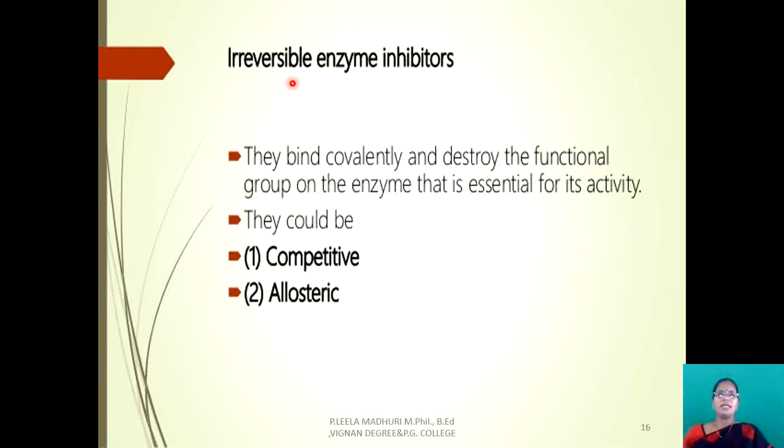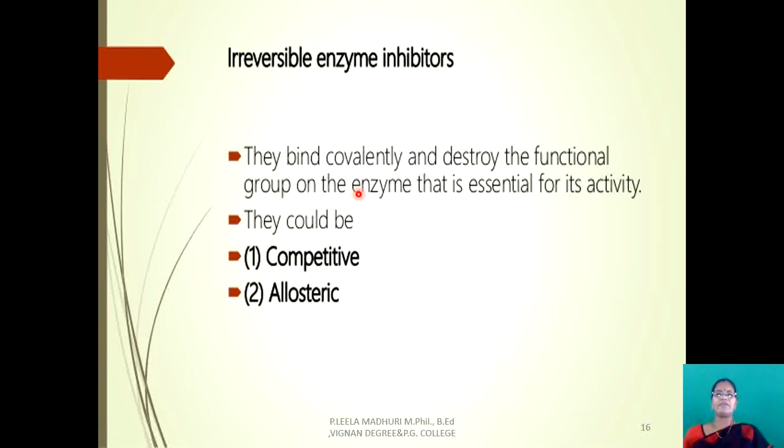Coming to the types of irreversible enzyme inhibitions. Irreversible enzyme inhibitors bind covalently. That means a strong association between the enzyme and inhibitor, and they destroy the functional group of the enzyme that is essential for its activity.